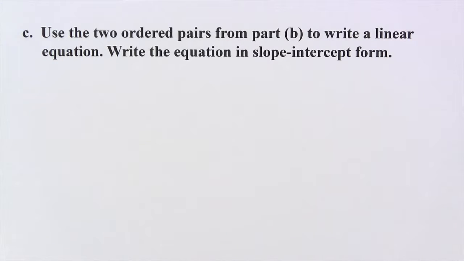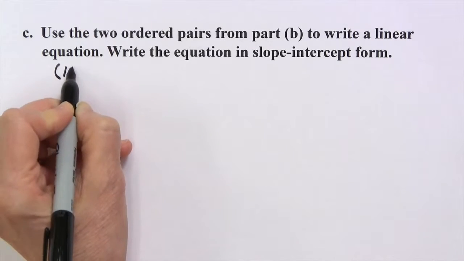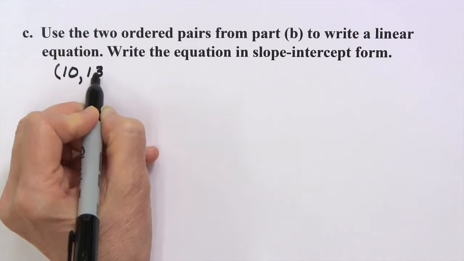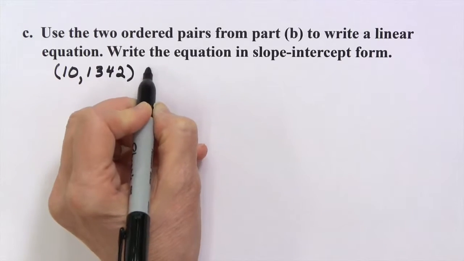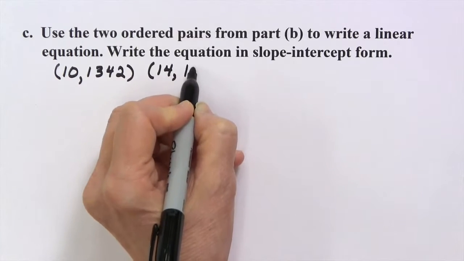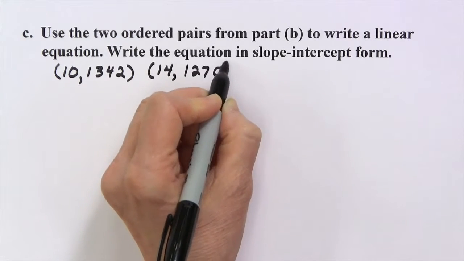Part C, we're going to use the 2 ordered pairs from part B to write a linear equation, and we want to write the equation in slope-intercept form. So remember we had 10 years past 2000, 1342 ticket sales, 14 years, 1270.